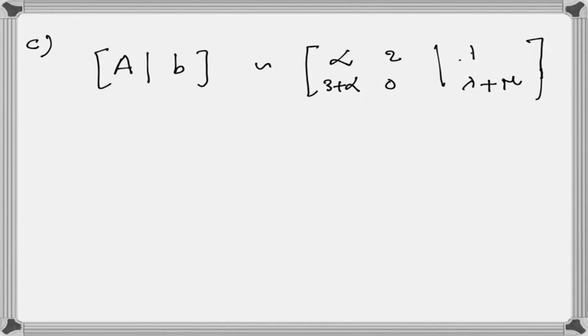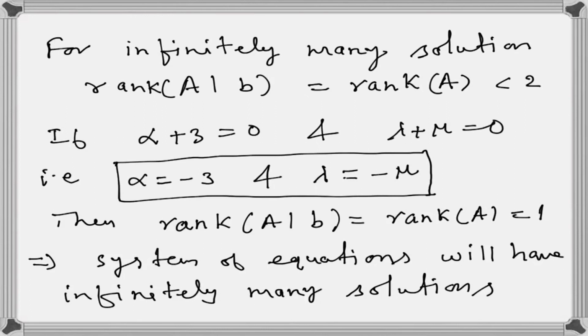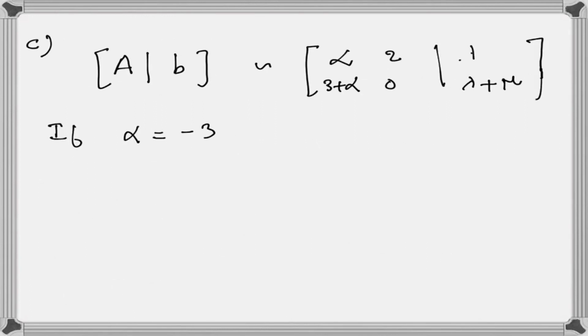Okay, so here if alpha is equal to minus 3 and lambda is not equal to minus mu, that means lambda plus mu is not equal to 0.